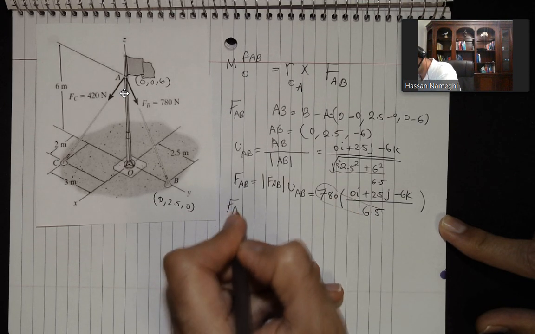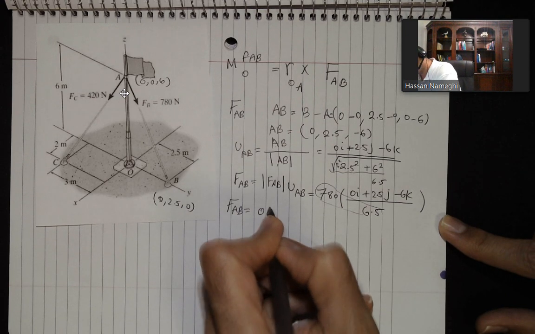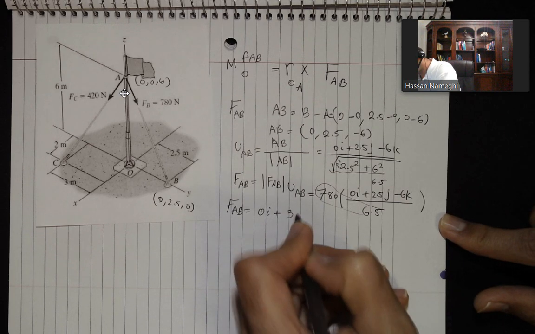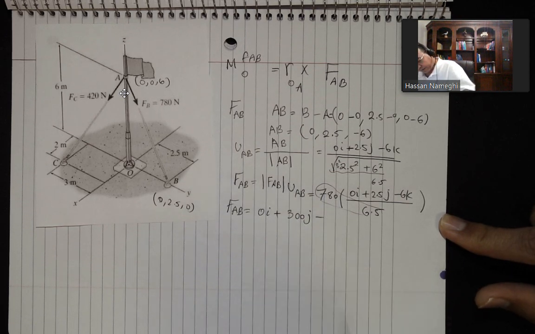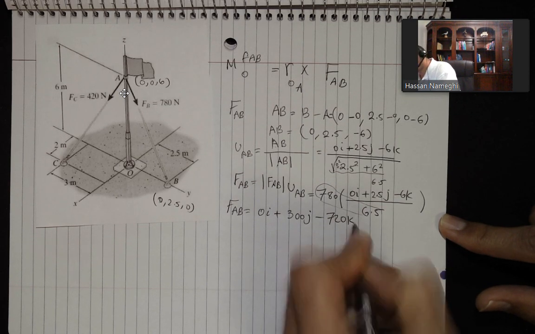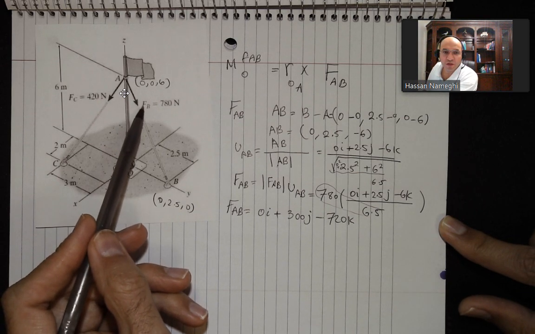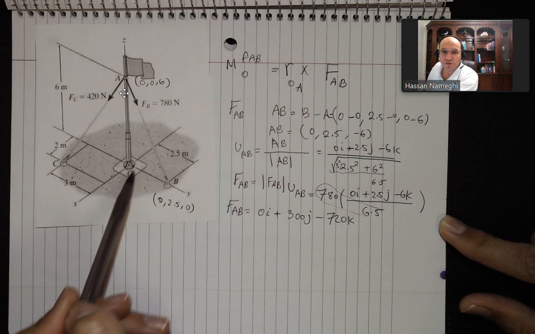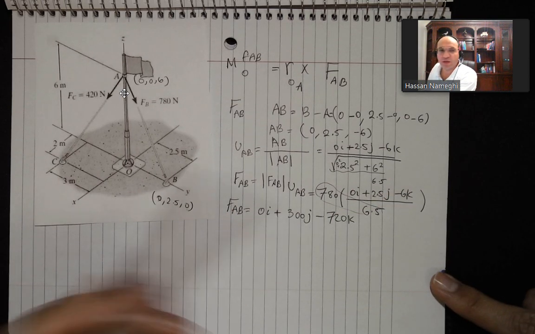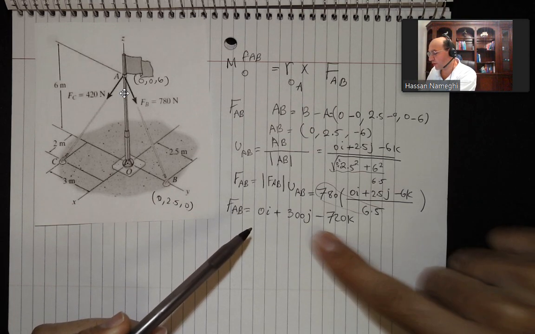So FAB is equal to 120 times 0, which is 0I, plus 120 times 2.5, which is 300J, minus 6 times 120, which is 720K. In other words, out of this 780 force, 300 of it is on the Y, and minus 720 is on the Z. So I found FAB as 0, 300, minus 720.